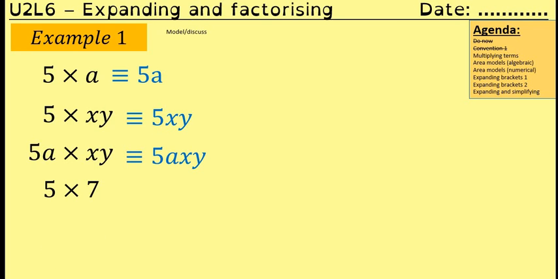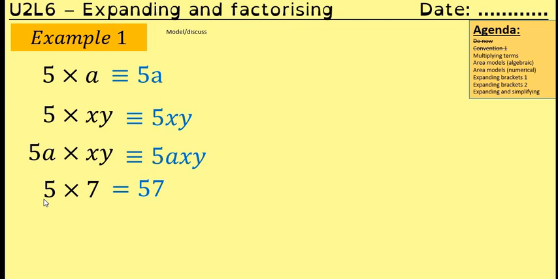So if I am to multiply 2 numbers together, like in this example 5 times 7, we wouldn't just simply write 57, right? When I do 5 times a, like in the first example, I just take out the multiplication symbol and put the 2 things next to each other, 5a. But that doesn't work with numbers, because 5 times 7 isn't 57, we know that it's 35.